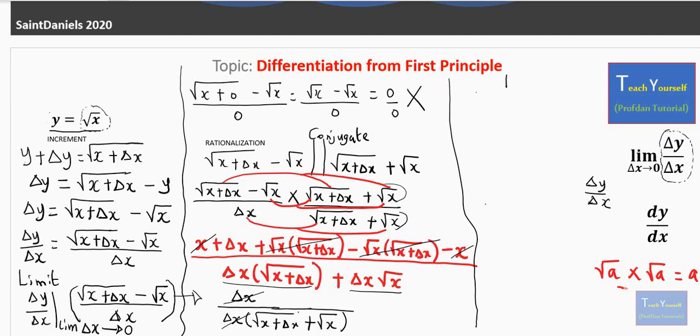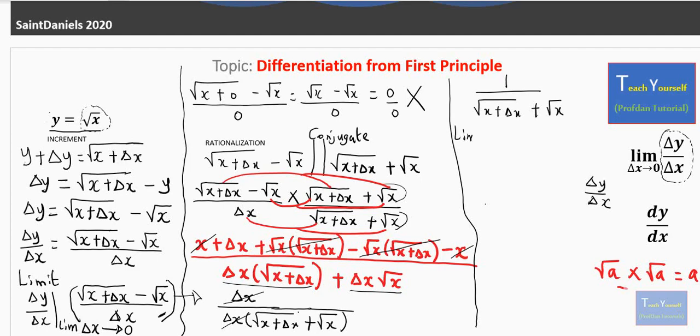So we are now left with 1 over root of x plus increment in x plus root of x. Okay, so all we've just done is to rationalize. So we've rationalized this to get this. So this is our interest now.